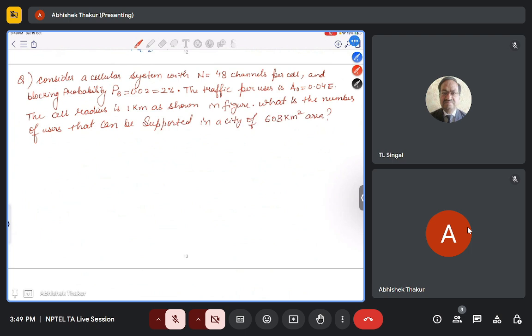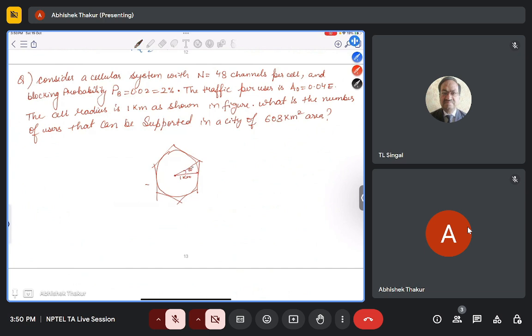So this is the figure, and the radius is 1 km, and the angle is 30 degree.